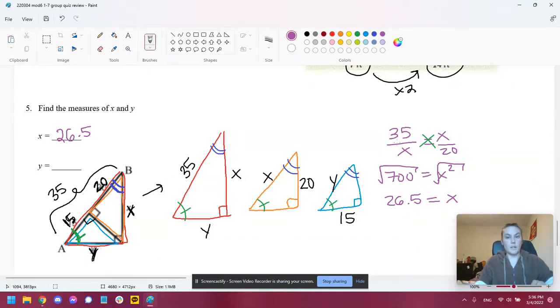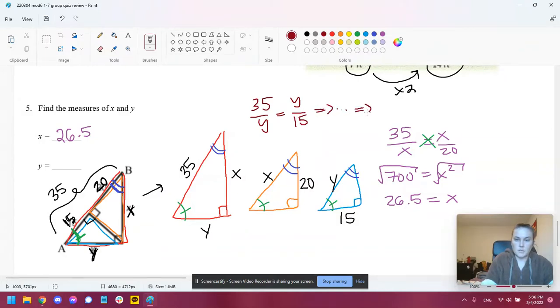If I want to solve for y, I can do the same thing, but with 35, y, and 15. So I can come over here and do 35 divided by y equals y over 15. I'll just actually do it. 35 times 15 equals y squared. 35 times 15 is 525.